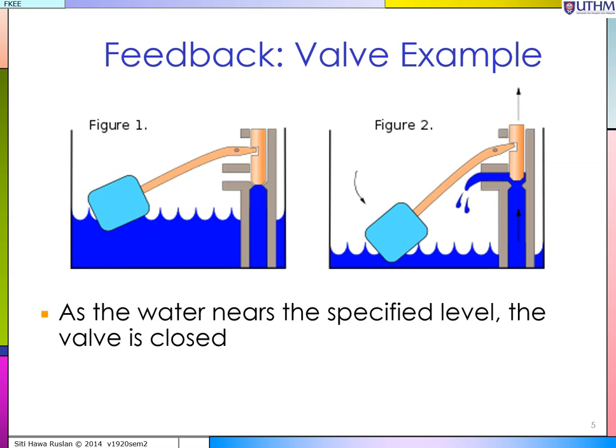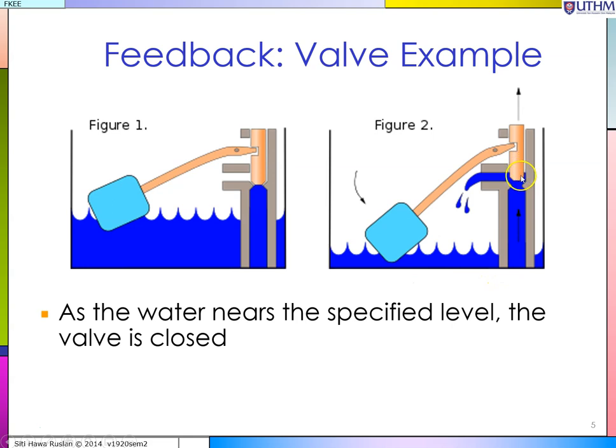So this is another example in figure 1. When the water nears the specified level, the valve is closed. So if you look over here, the valve is closed because it is at a high level. But if the water level is low, the valve is open and the water is flowing. So there is one system which we call a closed loop.